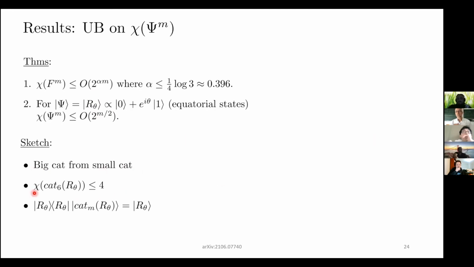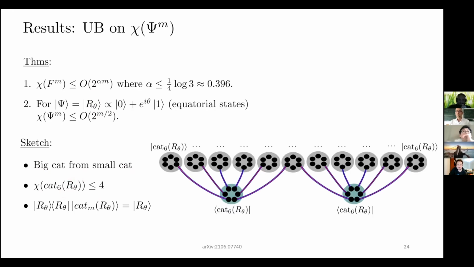Then we found the explicit decomposition of the cat 6 for an arbitrary R theta. And here is a picture of how we glued together these cat 6s to make a big cat for these equatorial states.